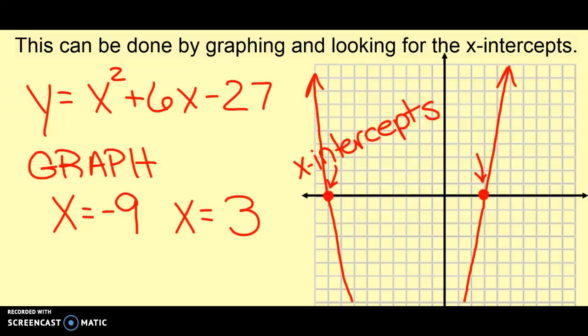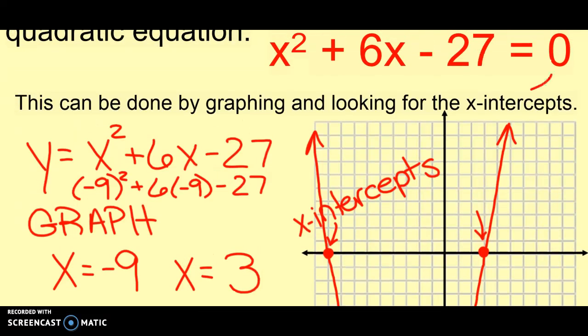If you plug -9 in here, -9 squared plus 6 times -9 minus 27, you will get 0. If you plug in 3, 3 squared minus 6 times 3 minus 27, you'll also get 0. That's the easiest way to solve these if they come out nice and even and perfect.